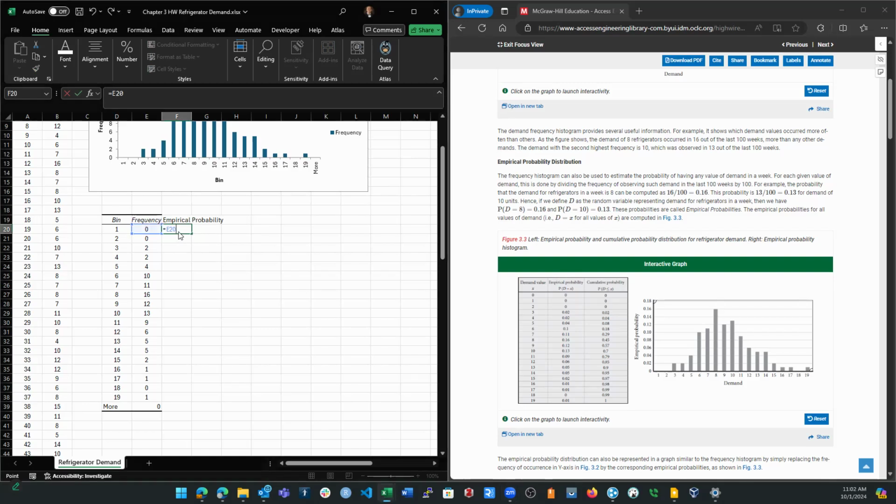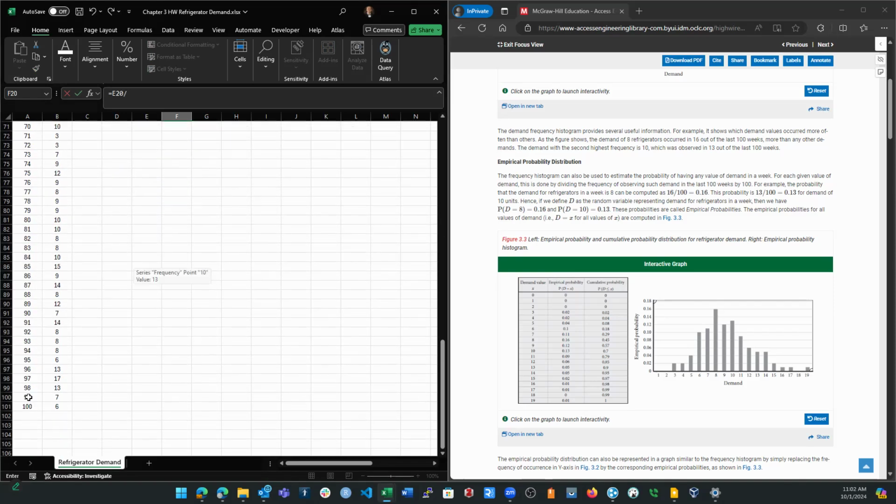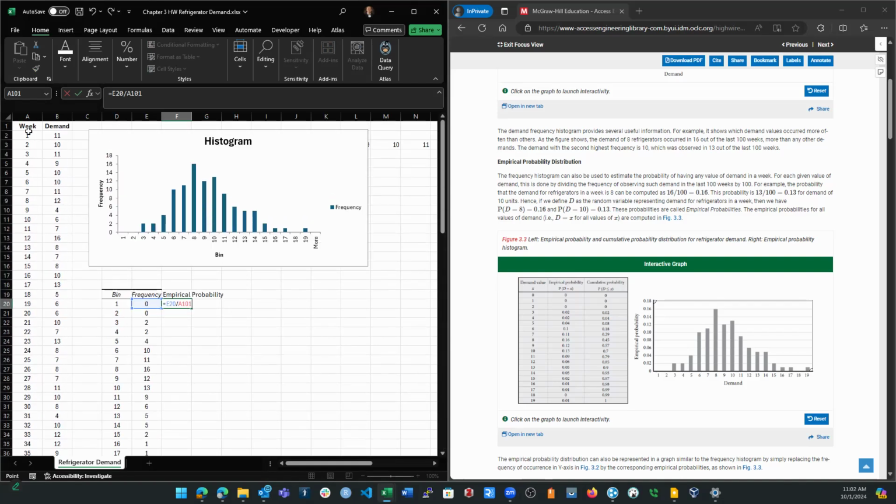So we'll do E20 divided by, and I have a habit of not referencing my cells. I'm just going to reference this. If I wanted to be really cool, I would select this and say, give me the max. And that would also give me 100%. And what we're doing here is we're creating a max.